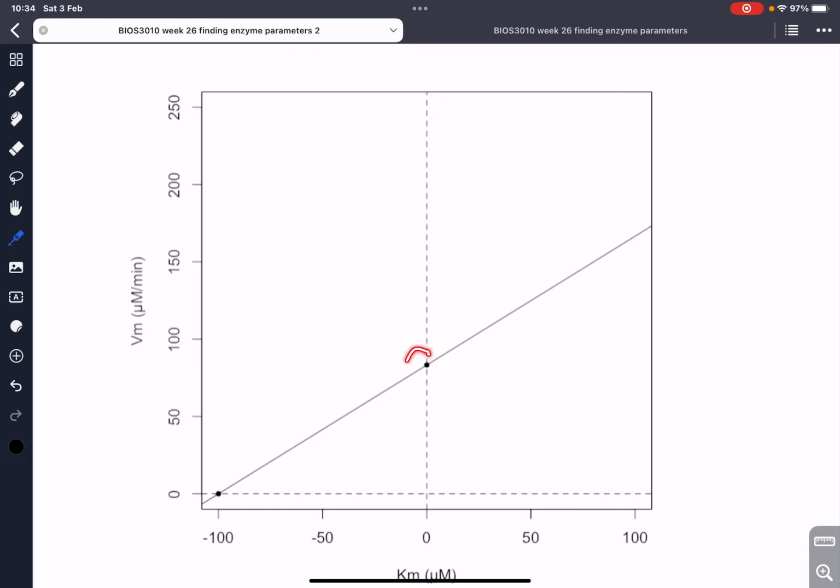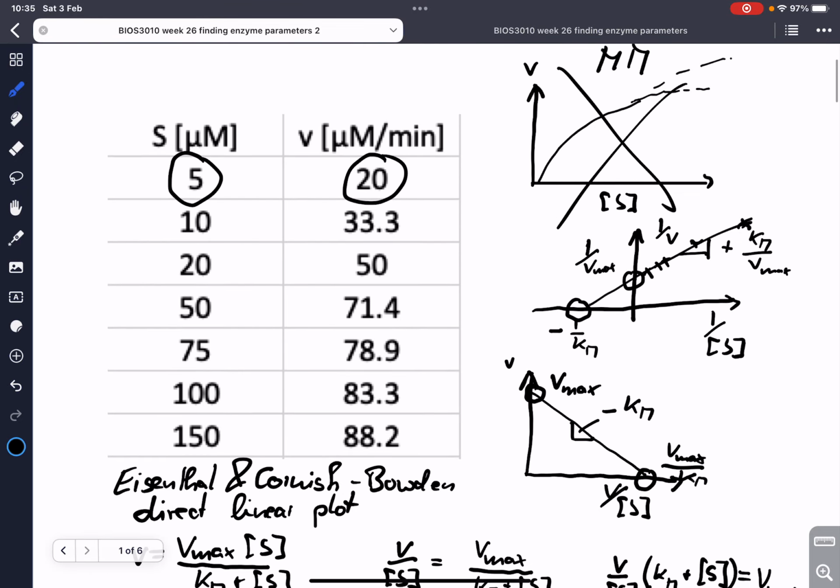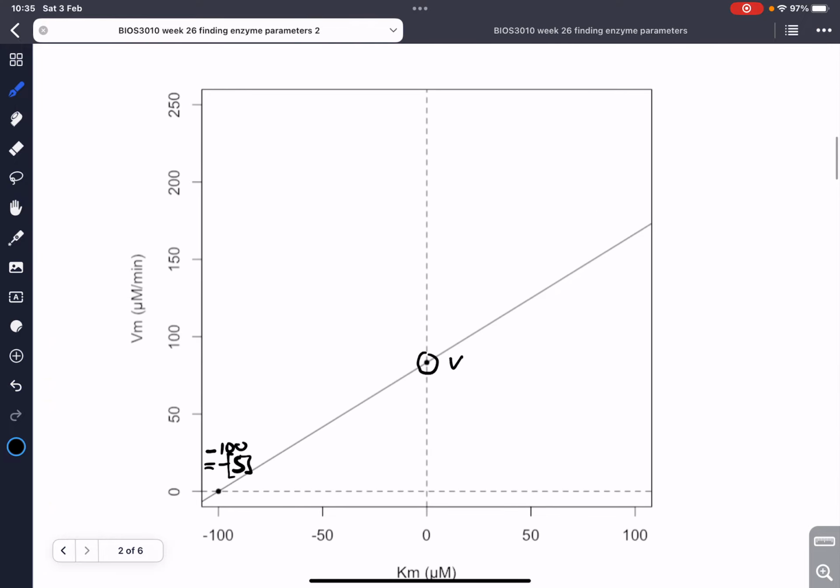And this point here would be the corresponding rate, equals negative S. Whereas this point here is our V, and that was 83.3 micromolar per minute.